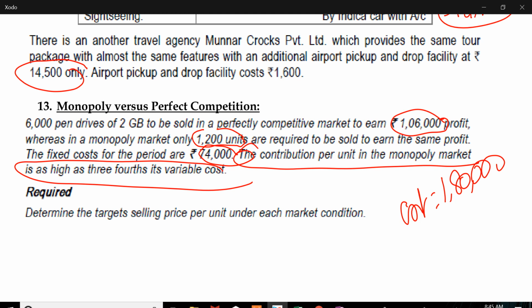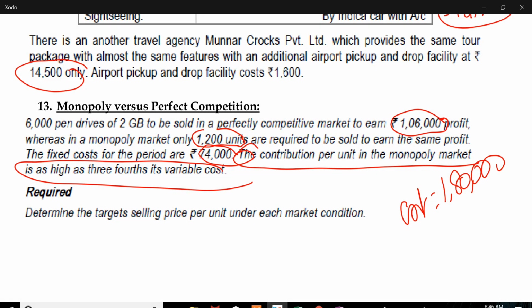Point number 1, 1,200 units give profit of rupees 1,06,000. Full stop.